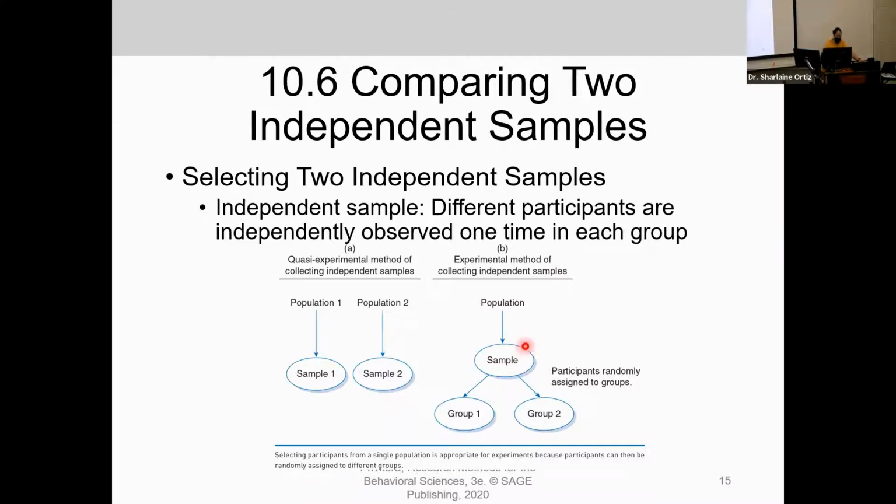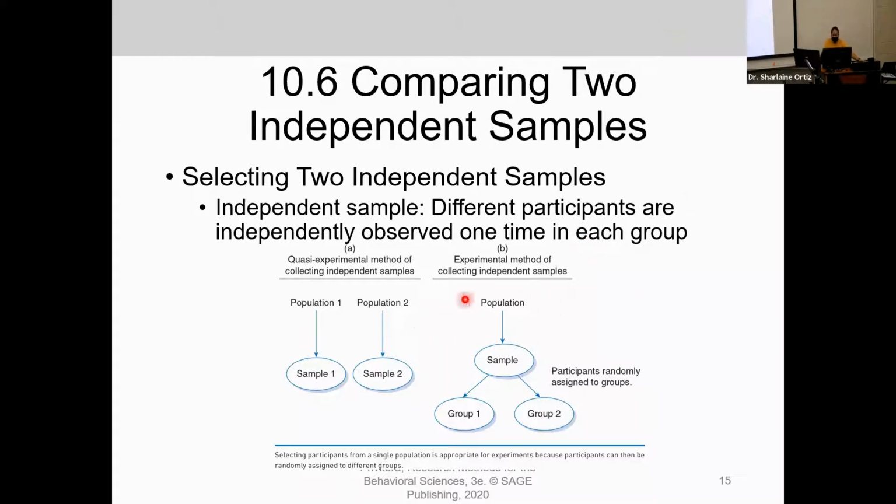Now, with that said, let's look into selecting two independent samples. When I use the term independent samples, what I'm trying to say is that different participants are going to be independently observed one time in each group.